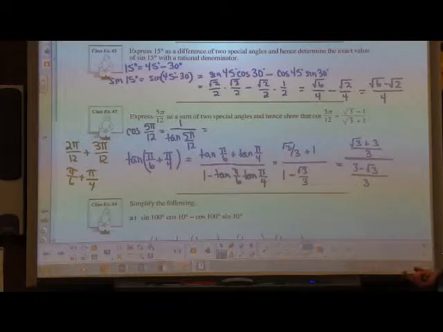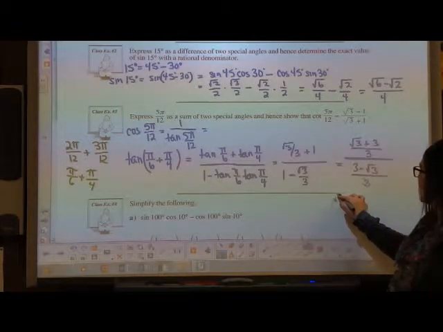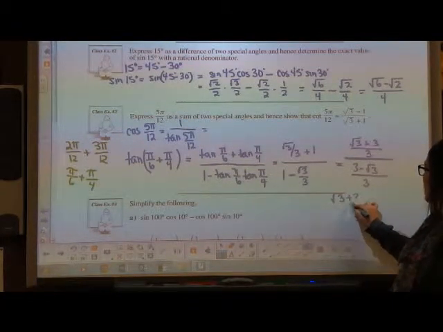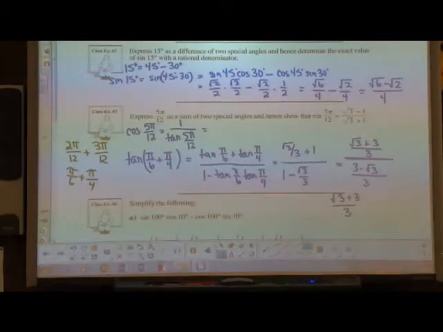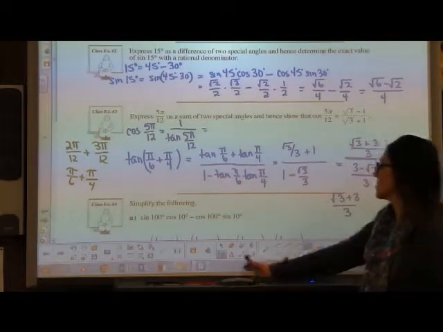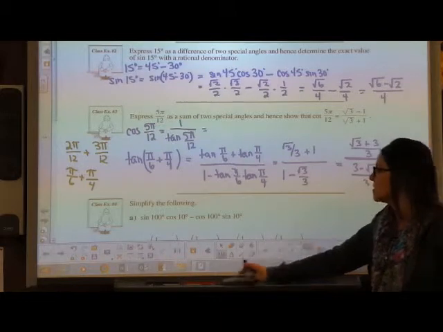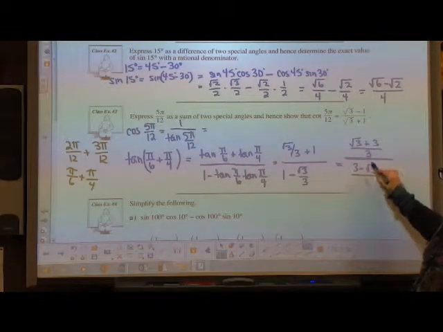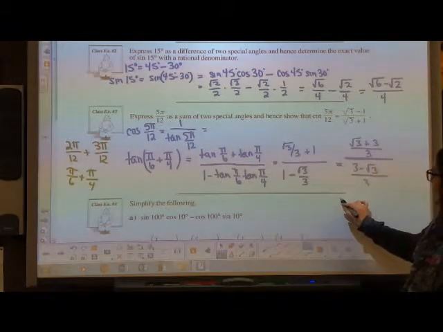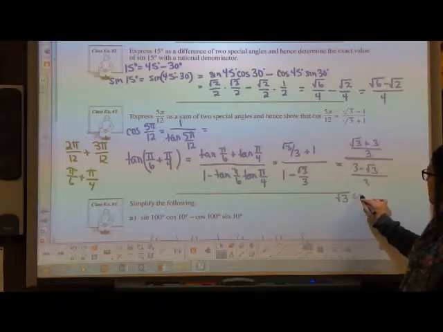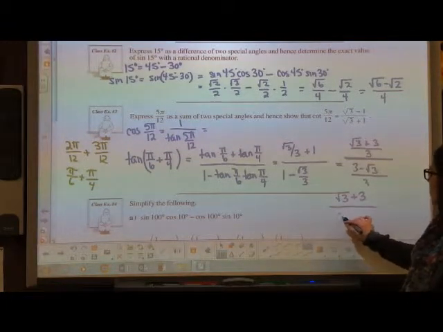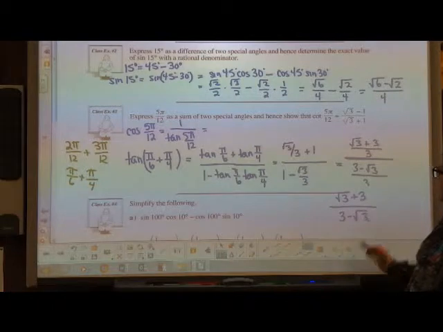Dividing fractions is multiplying by the reciprocal. So we've got root 3 plus 3 over, I have to multiply by the reciprocal, because I have common denominators. So these two denominators would cancel out, and that would leave me with root 3 plus 3 over 3 minus root 3.